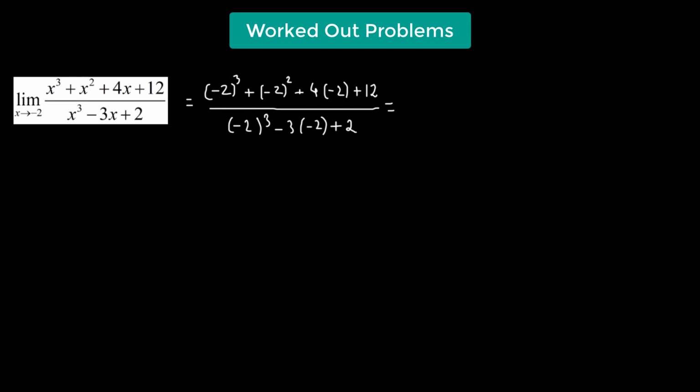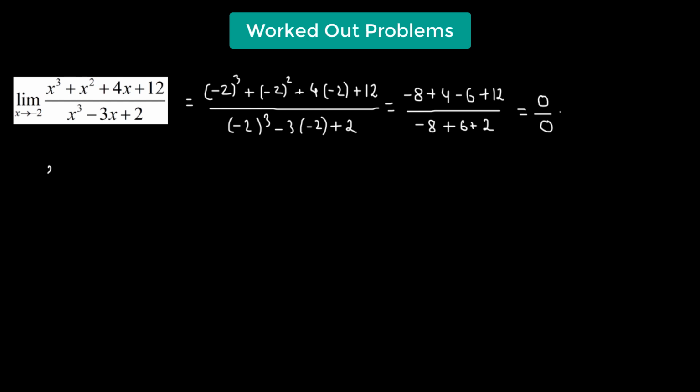So that is going to give us negative 2 cubed will be negative 8 plus 4 minus 6 plus 12 divided by negative 8 plus 6 plus 2. So we get the indeterminate form 0 over 0.